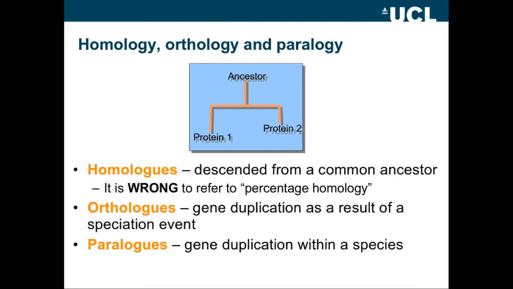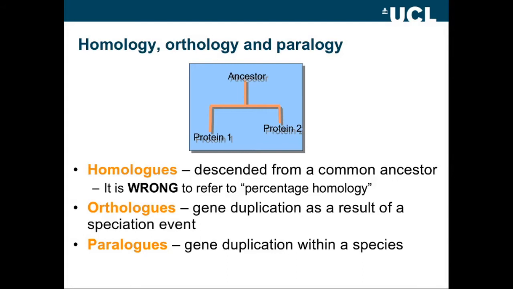Those are all orthologs. Paralogs, on the other hand, are gene duplications within a species. So a typical example here would be the hemoglobin alpha and beta chains and myoglobin, all of which are related to one another. They're all homologous, but they're all present within one species.